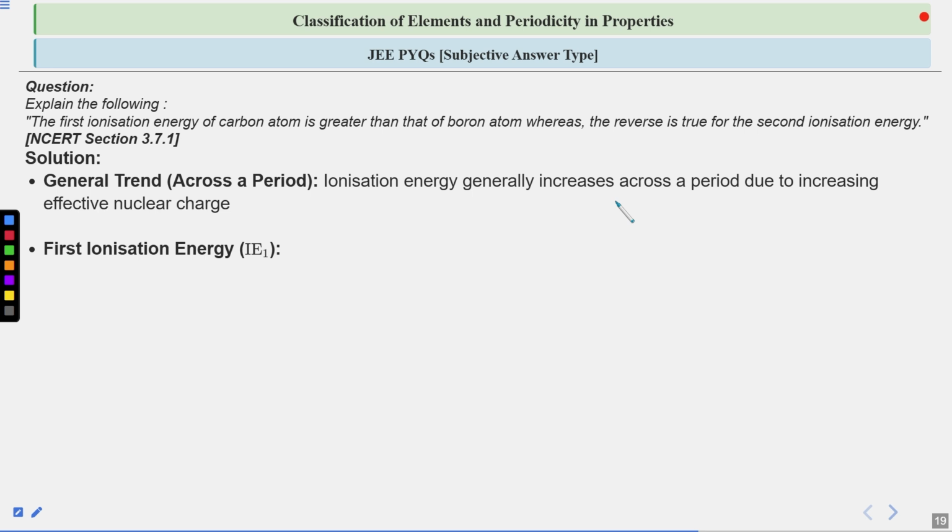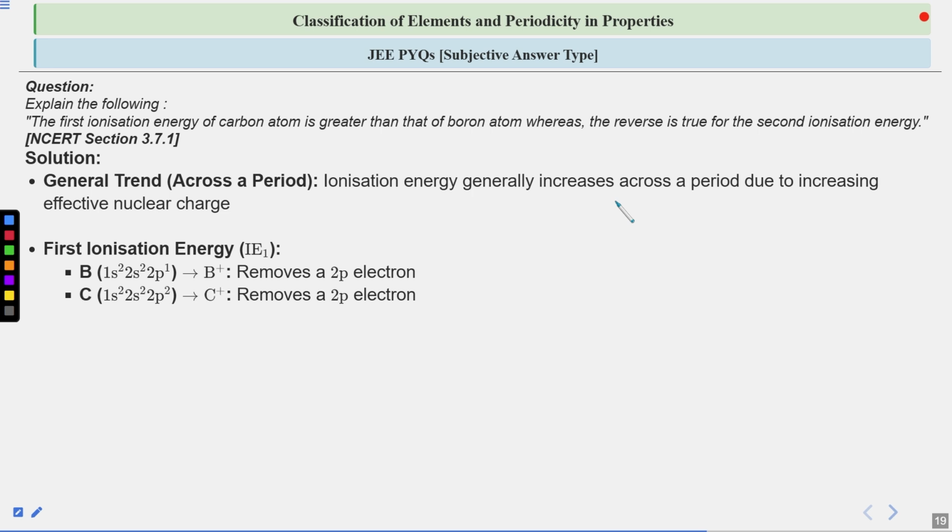So first of all, we will consider it for the first ionization enthalpy. Here it is represented by I1. What we can write? The boron configuration is 1s2, 2s2, 2p1. And we have to remove one electron from the 2p. What about the carbon?